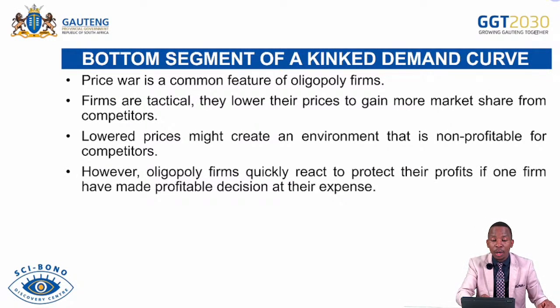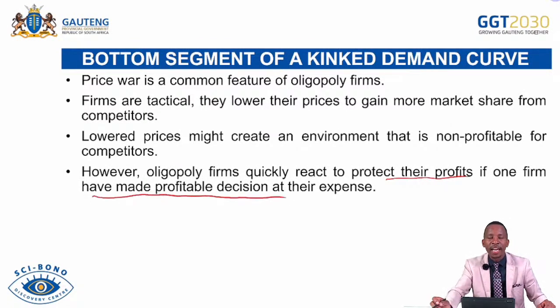However, oligopoly firms quickly react to protect their profits if one firm has made a profitable decision at their expense. If one firm makes a decision that will give it more profit at the expense of the competitor, what will happen? Other firms will copy the strategy and make that same decision, which will be profitable.